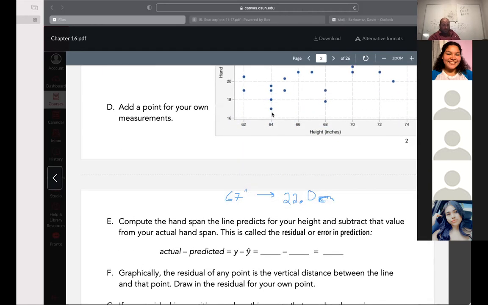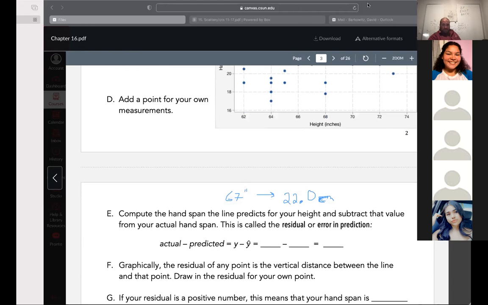So this is your actual, and 21.2 centimeters is your predicted.